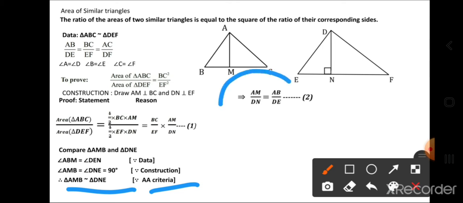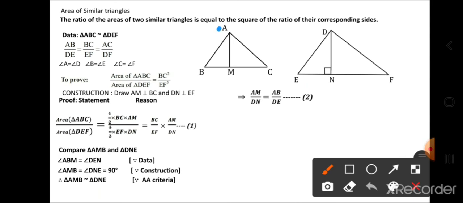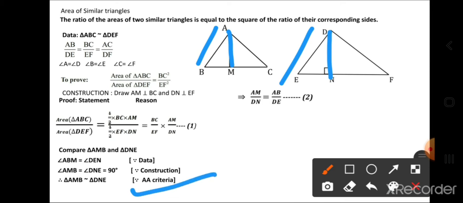So I can say their corresponding sides' ratios are equal: AM by DN is equal to AB by DE, since the two triangles are similar.